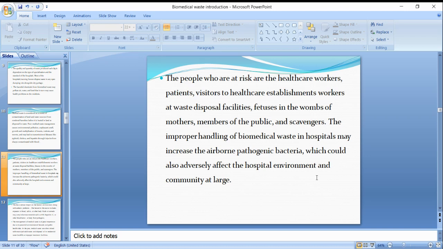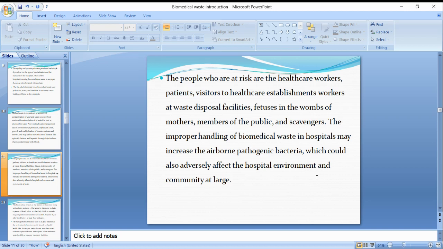Before going to the landfill, we have to clean the waste. Biomedical waste may pose an injury and also exposure risks via occupational contact with the medical waste for doctors.